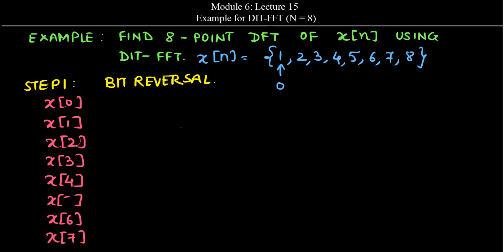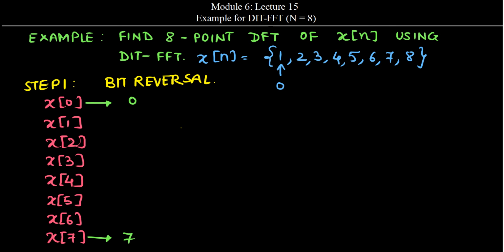This is the initial given sequence of our signal, and we know that n here is 0 and the highest value that we have here is 7. So this 7 can be represented using 3 bits.